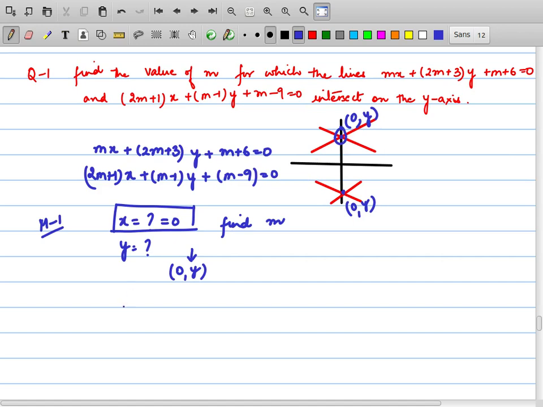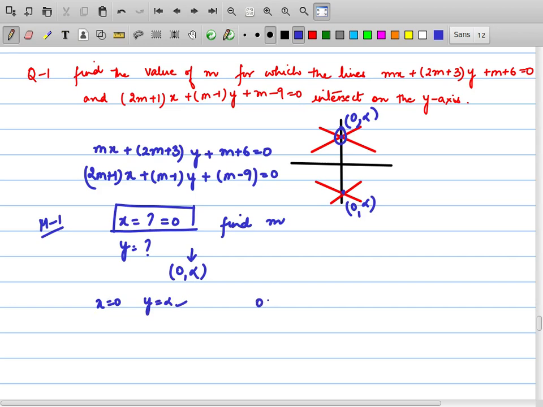So we put x equals 0 and let the point of intersection be 0 comma alpha. This point is 0 alpha. Could be on the positive axis or the negative axis. We are not interested in that. So x is 0 and let's say y is alpha. Now these coordinates will satisfy both these equations, and the value of y that we will get from both the equations will be the same. So we put x is equal to 0.